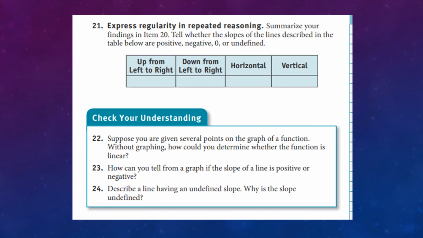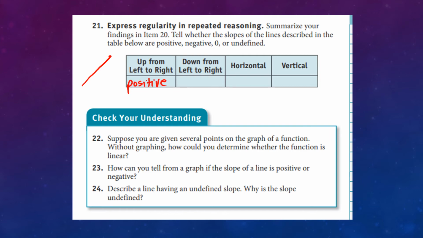All right, so here are a few takeaways we want to make sure we got here. Summarize our findings in item 20. Tell whether the slopes of the lines described in the table below are positive, negative, 0, or undefined. So look back at those ABCDs that you just did. If it's going to go up from left to right, so if the graph looks like this, then that slope is positive.